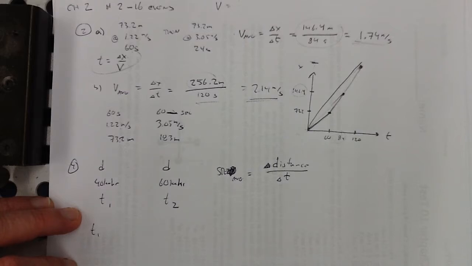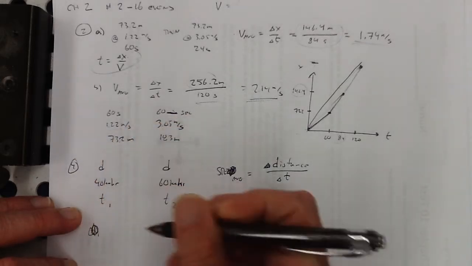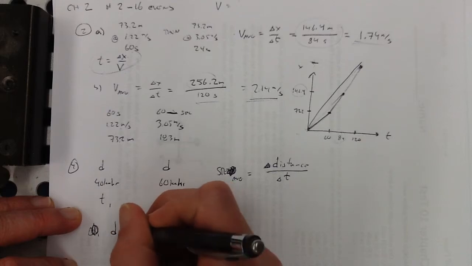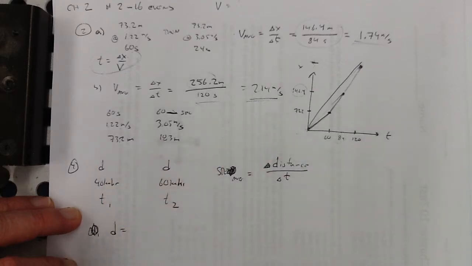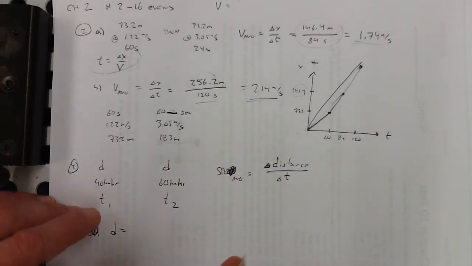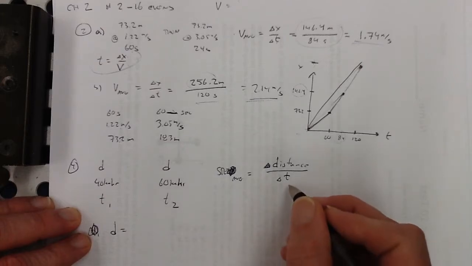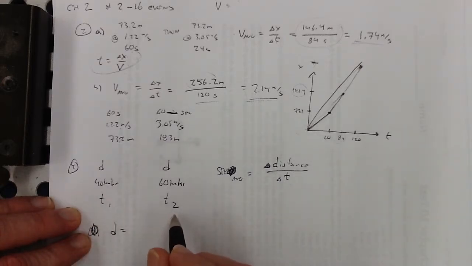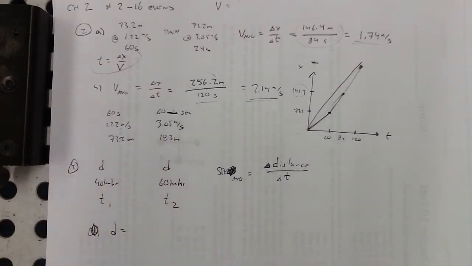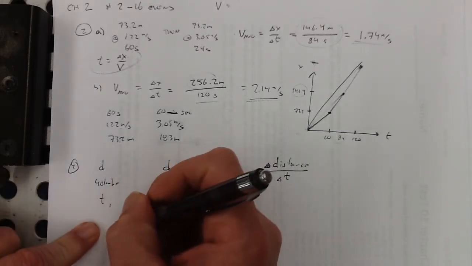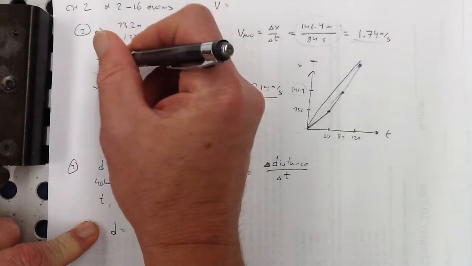let's see. I think I need to actually solve for the distances, don't I? So the distances, because those are the same, I can set them equal to each other, and that's good. Yes, so this distance here, distance is equal to velocity times time.